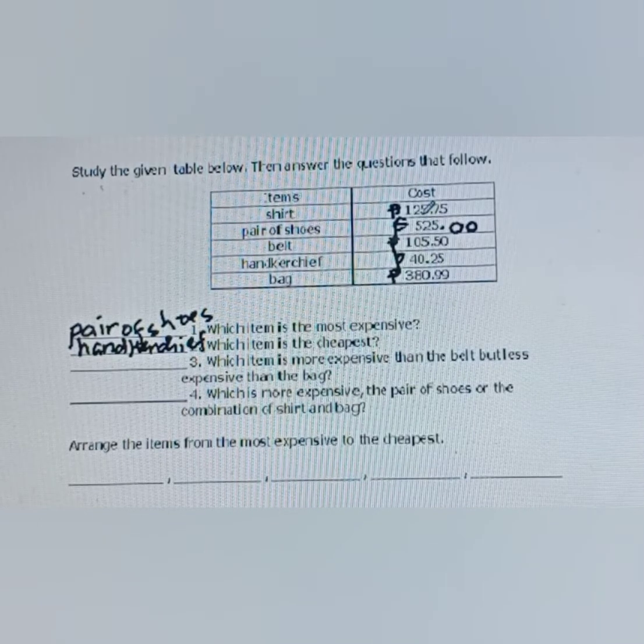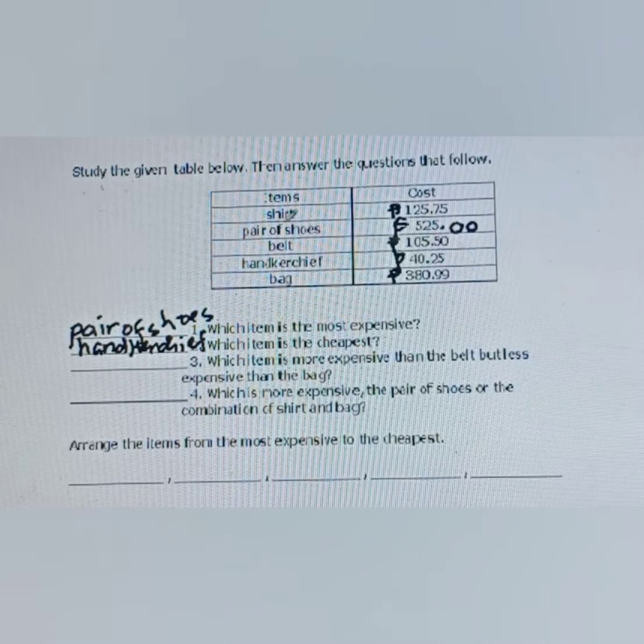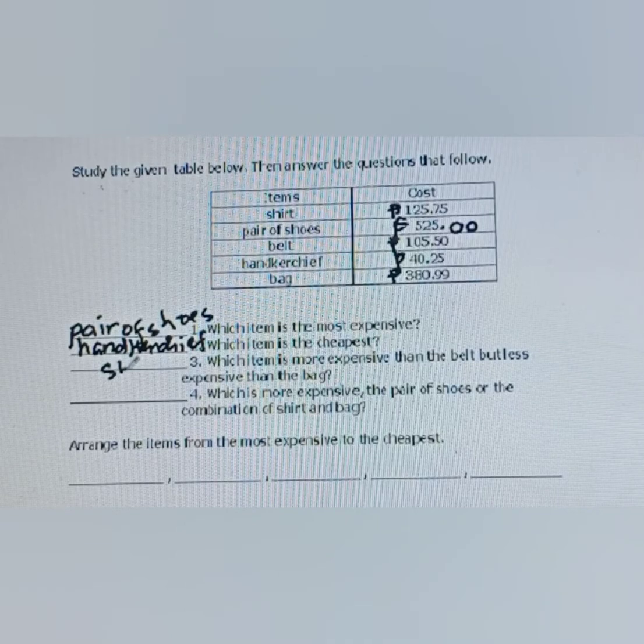But it says less than the bag. The bag is 380. So it's less than, yes. This is bigger than 105, but less than 380, correct? So our answer is the shirt. Am I correct? So number 3, our answer is shirt.